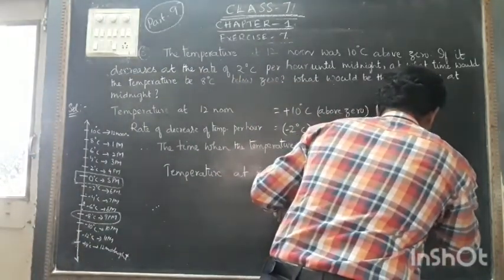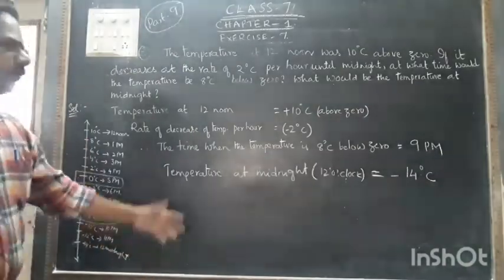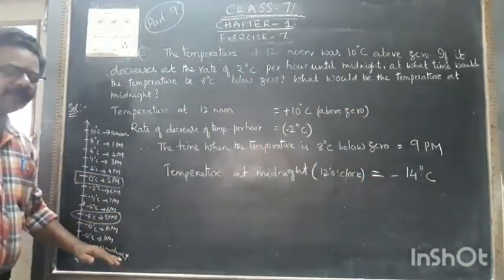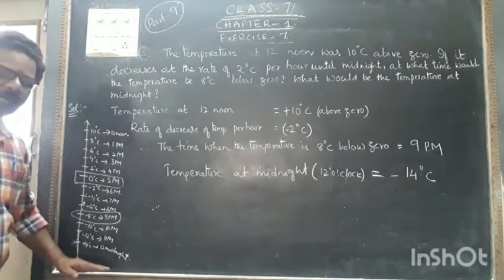Otherwise, this we can also call 14 degrees centigrade below the zero. Understand? 14 degrees centigrade below the zero.